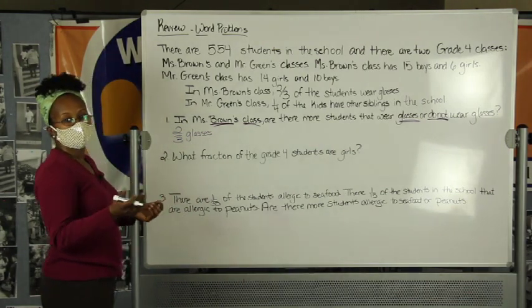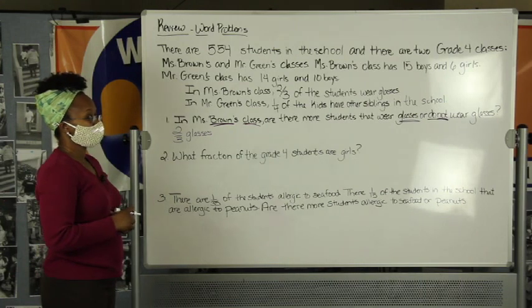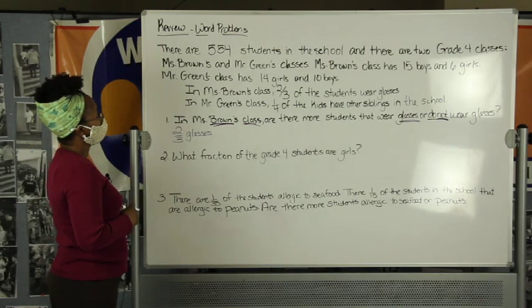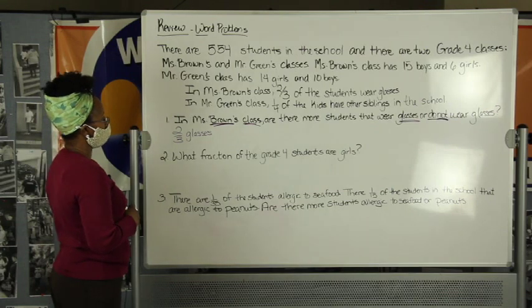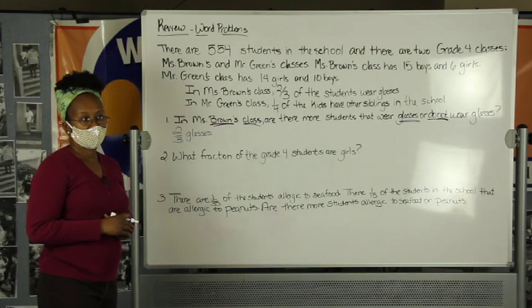So this doesn't tell us exactly how many students wear glasses, does it? It does not. So we somehow have to figure out how many students wear glasses or how many students don't wear glasses or something like that.